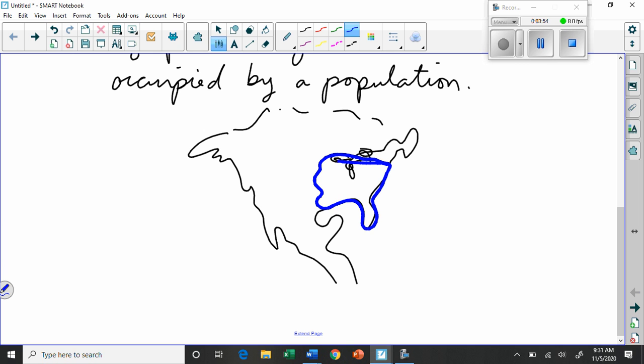This might be the geographic range of this particular songbird, and that would be a large area. But within that range, the songbird might not be completely evenly spread out. So we have to think about how it's spread.